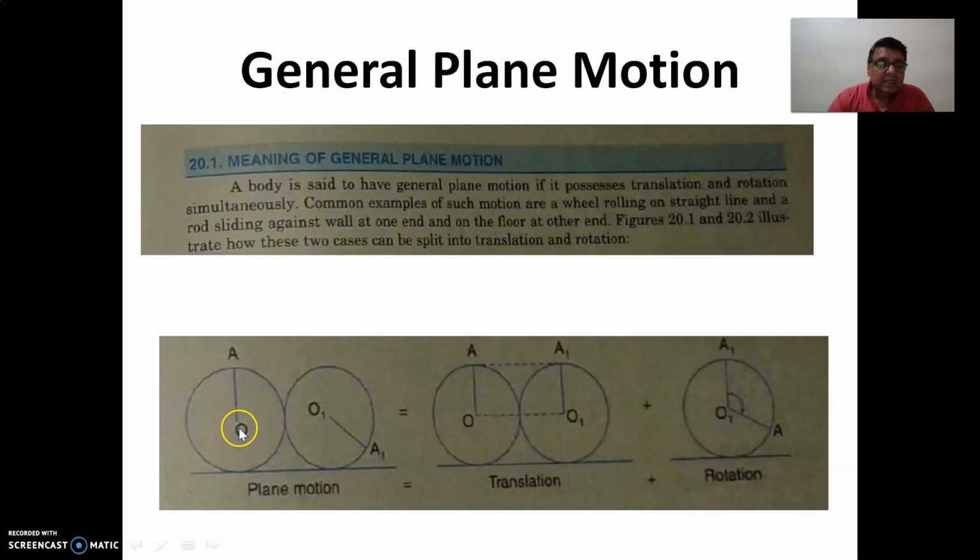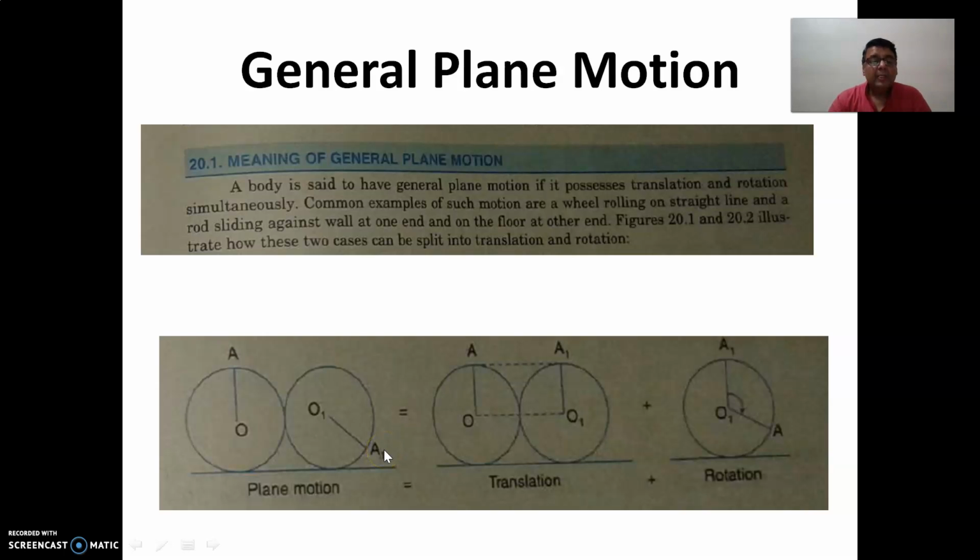Now, here it is one circle, and in this circle this is one position of it and this is another position of it, and actually it has moved from this to this while rolling. It just rolled like this and has gone from OA to O1 A1.